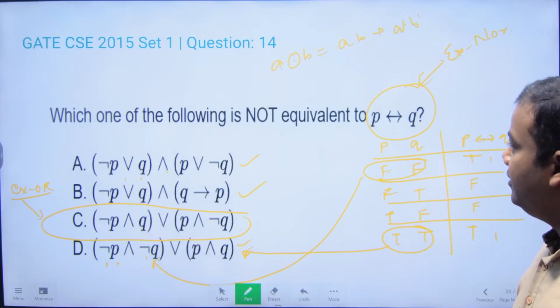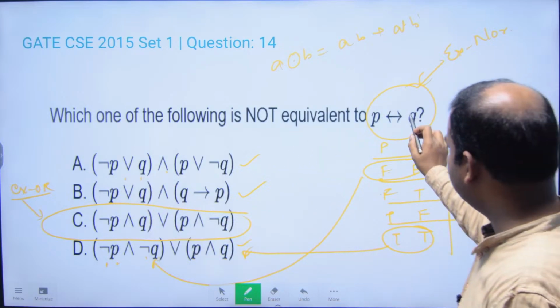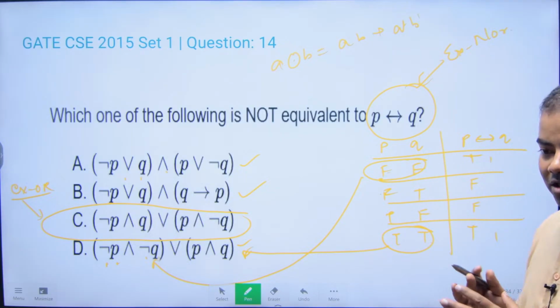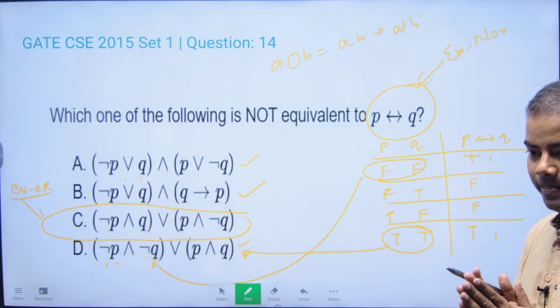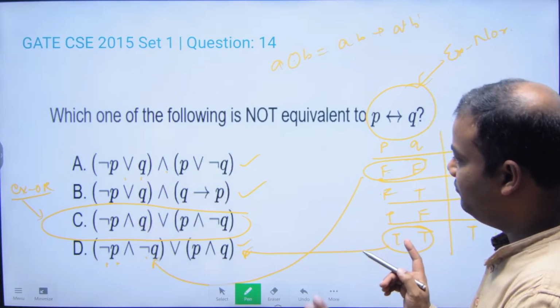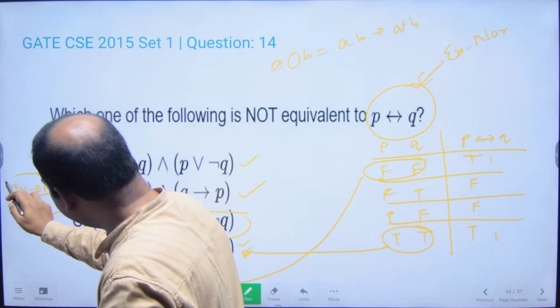Okay, and what is this one? This is like XOR. So this is just opposite of this one. Clear? So now biconditional statement and XNOR condition both are equivalent. Later, when we go to digital logic, we will focus more on XOR.